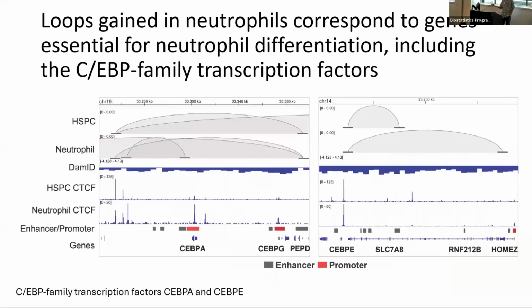And we also looked at particular loci that were known to be involved in neutrophil differentiation, and we're able to see particular enhancer-promoter loops that were changing differentially between the knockdown scenario and the regular control scenario.